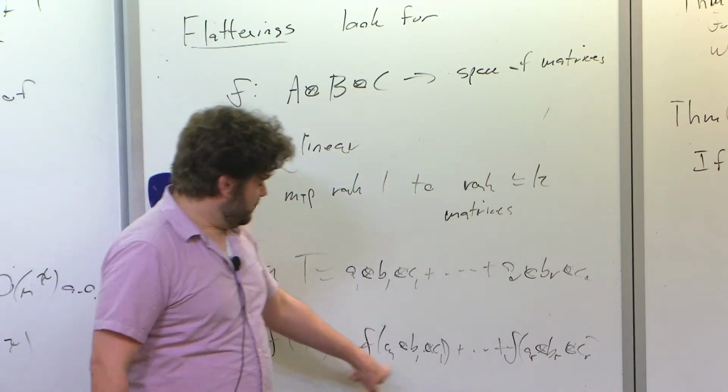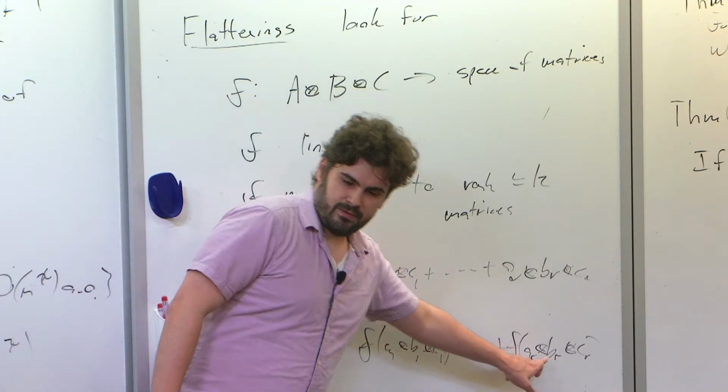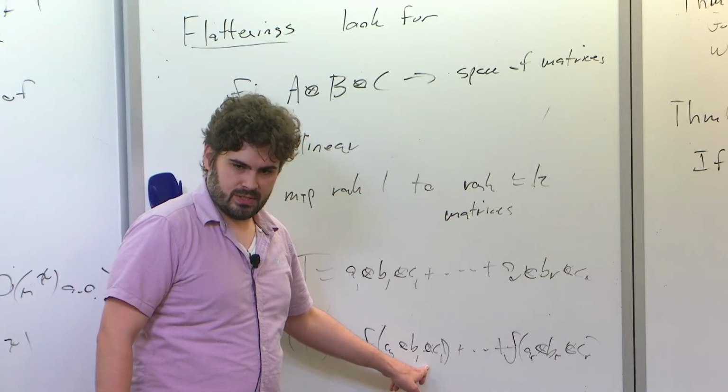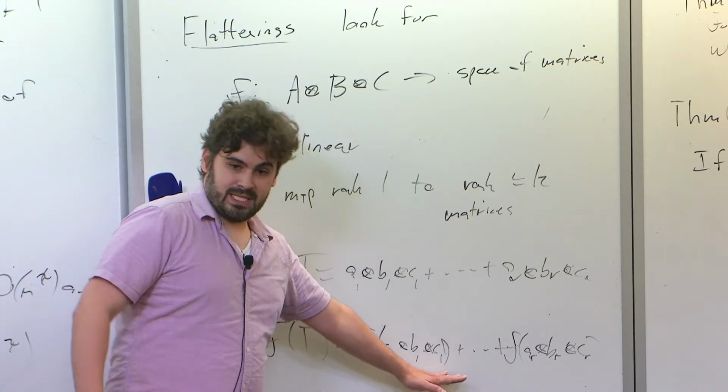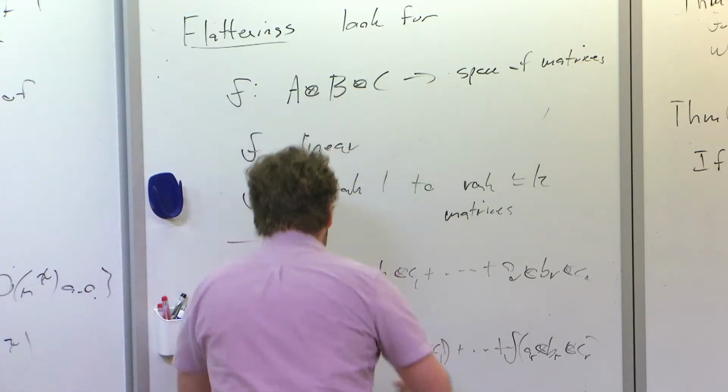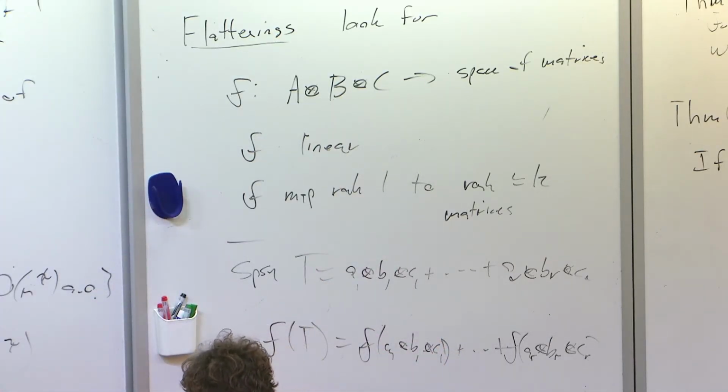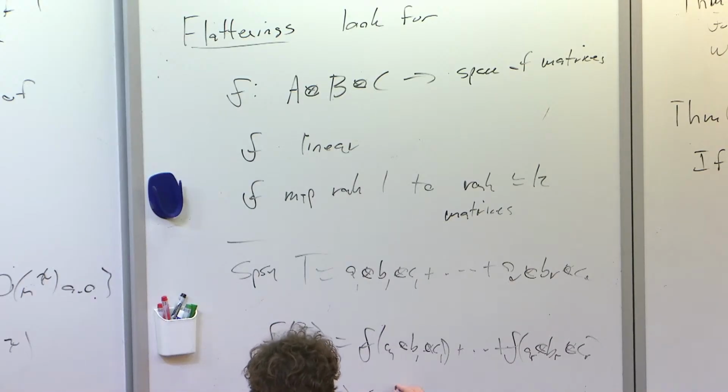By assumption, all of these images of rank 1 tensors have low rank, at most K. So if I take ranks of both sides, the rank of F(T) is at most KR.